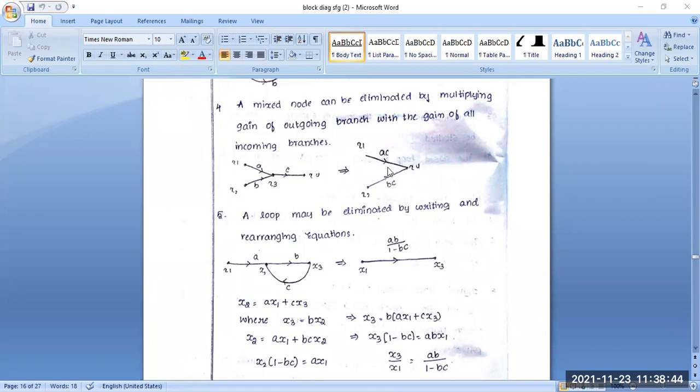This is a product term, so we apply it here. This is called the mixed node.